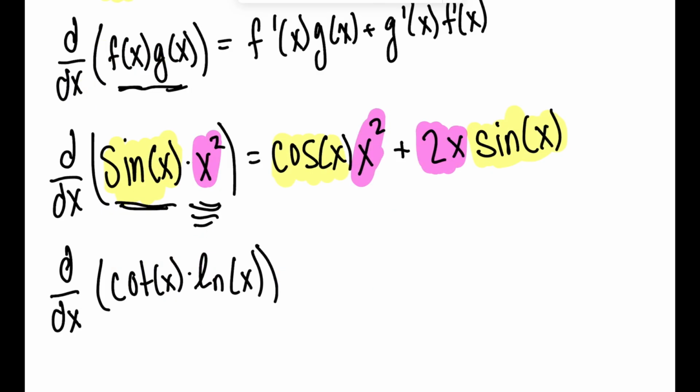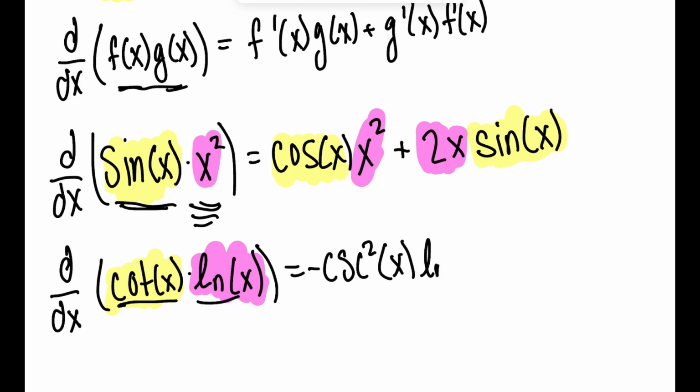Let's go ahead and do one more. We have cotangent x times natural log of x. I'll make cotangent my first function and natural log my second function. And what we're going to get is the derivative of the first, which in this case is negative cosecant squared x, times the second function, which is the natural log of x.